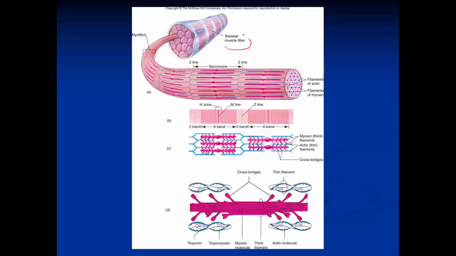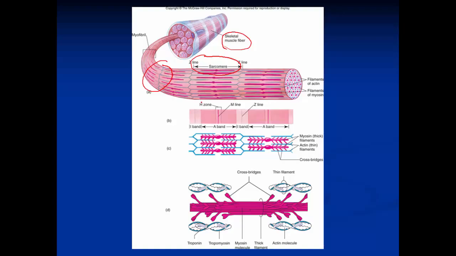Alright, so here I've got a skeletal muscle fiber. In this case, that's going to be an extrafusal. Here we've got one myofibril. The myofibril is going to be made up of repeating units called a sarcomere. And so the sarcomere is the basic unit of contraction.